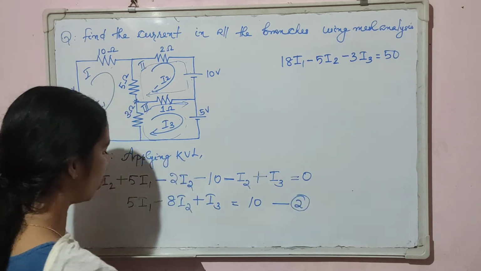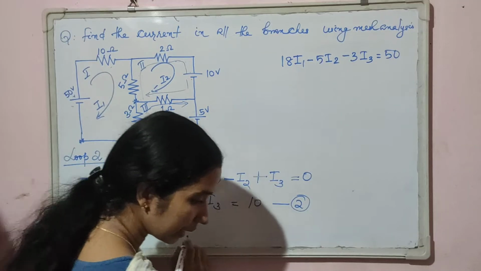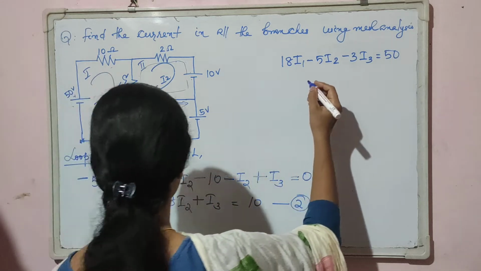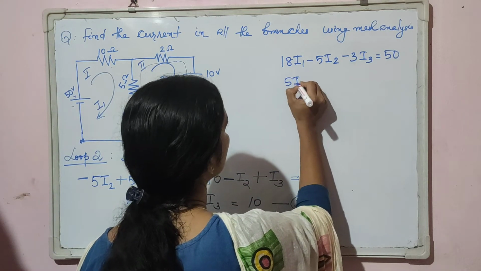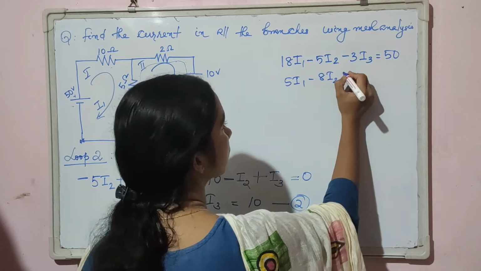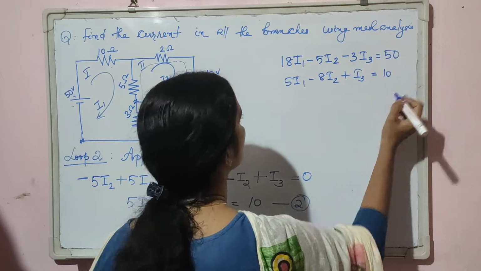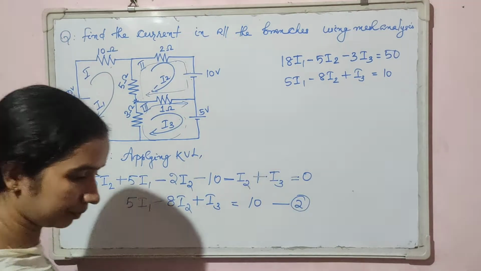This is equation number 2: 5 I1 minus 8 I2 plus I3 is equal to 10. So let us note it down here.